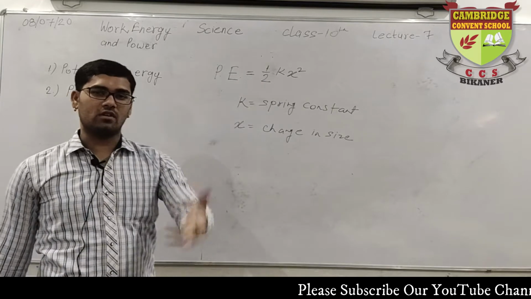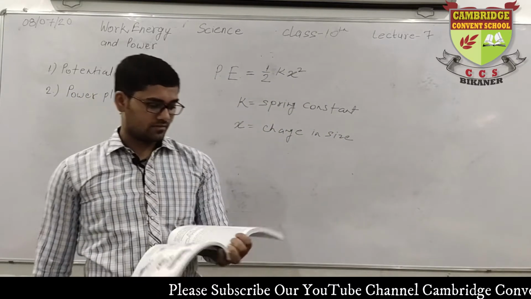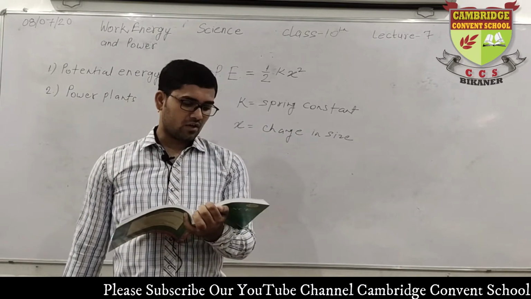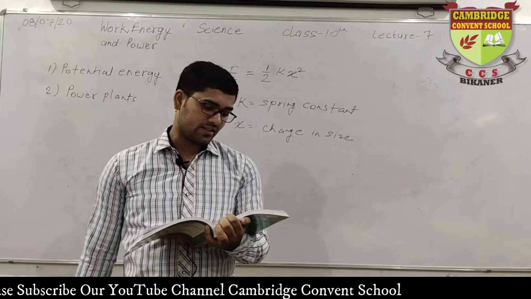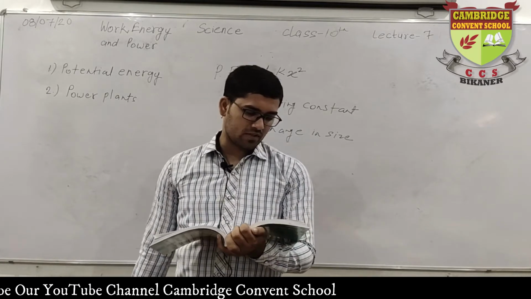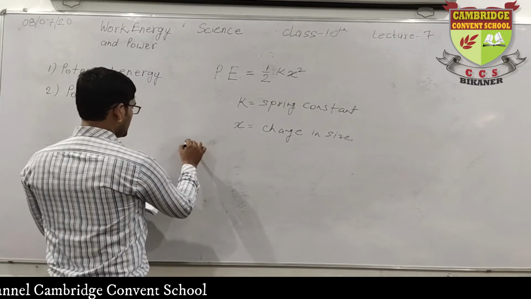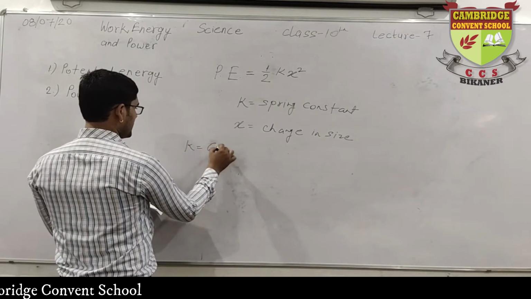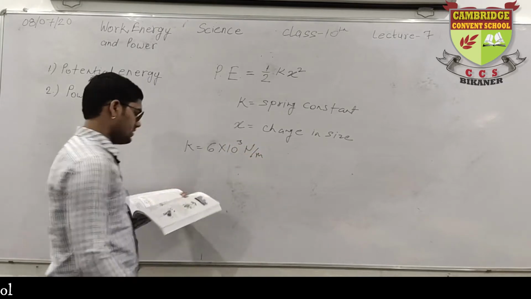So we are doing one of its questions from our book. The question is: the spring constant of a spring, it means k is given, is 6 into 10 raised to power 3 Newton per meter.